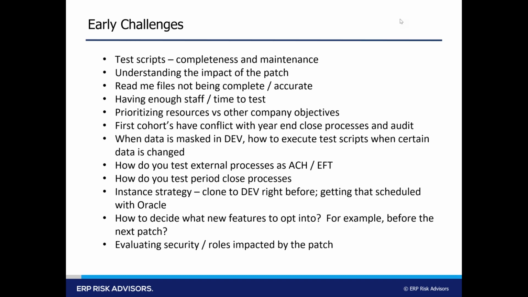But there are changes on an ongoing basis. Oracle's introducing new functionality on a patch by patch basis, and there may be new functionality you implement that wasn't part of the project, but is being done internally. So there is maintenance that has to happen on those test scripts, and the big challenge, of course, is how to execute the test scripts.